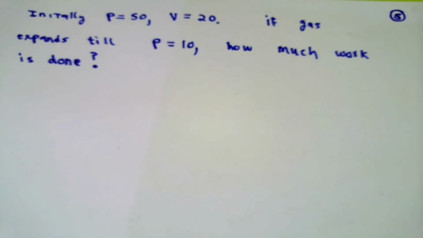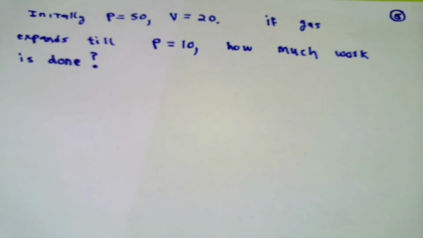You'll see this isn't exactly the same setup as before. I know the pressure and volume at some particular moment. That will let me figure out what the K is, but I don't explicitly at this stage know what the volume at the end is. I know what the pressure is, so we'll have to do just a little bit of manipulating here.